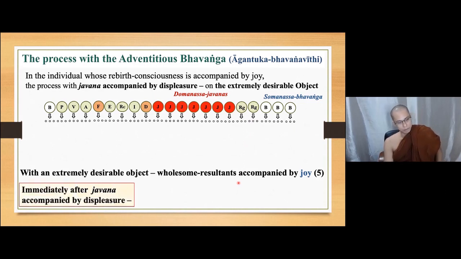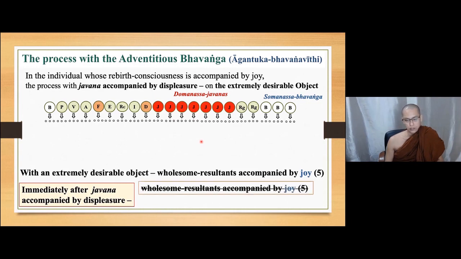Immediately after the Javana accompanied by displeasure, the wholesome resultant accompanied by joy also cannot arise, because the displeasure feeling and joyful feeling are directly opposite to each other. But according to nature, on an extremely desirable object there should be the wholesome resultant accompanied by joy.